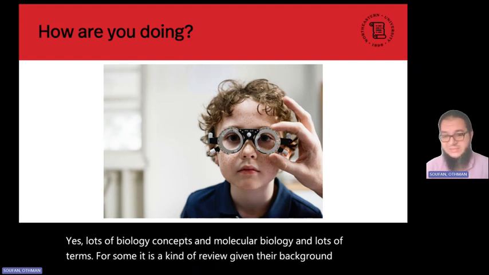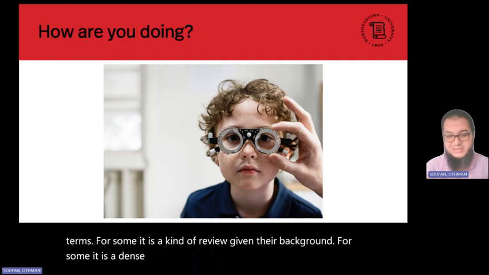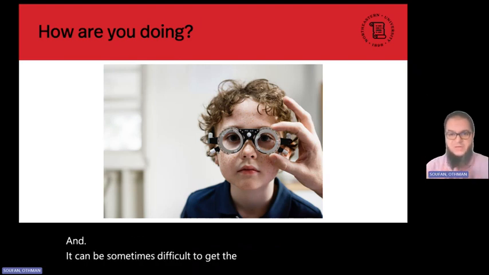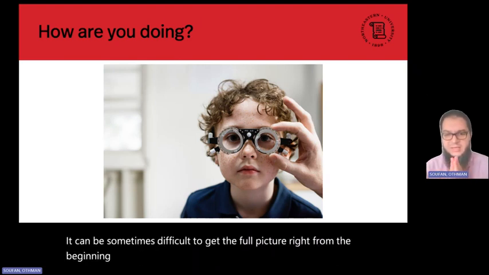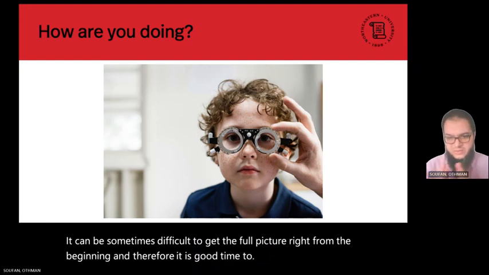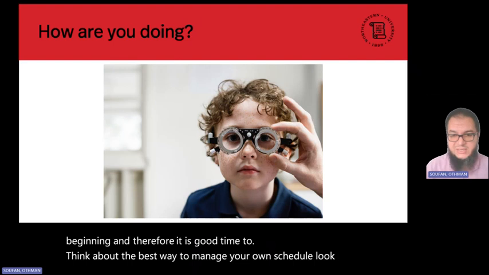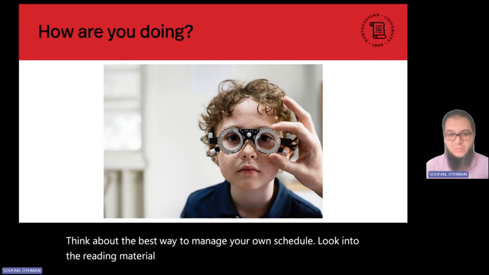For some, it is a dense list of terms. And it can sometimes be difficult to get the full picture right from the beginning. And therefore, it is a good time to think about the best way to manage your own schedule, look into the reading material, watch the recordings.